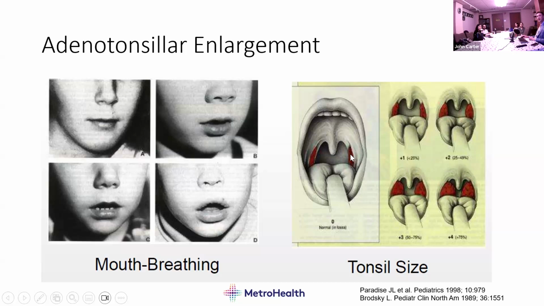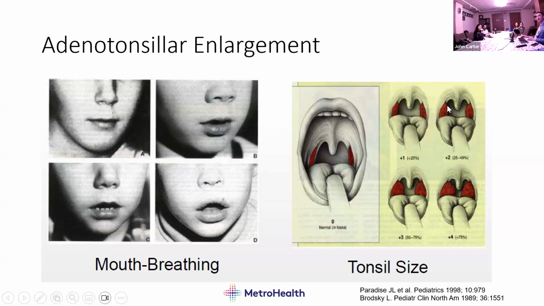I generally consider tonsil size 0 to be absent. This is an older textbook, but for your purposes, 0 would be absent, surgically removed, not visible. 1+ tonsils are just beginning to peek beyond the tonsillar pillars.